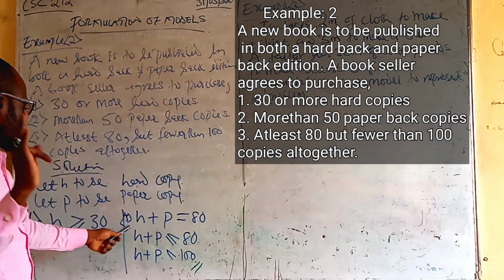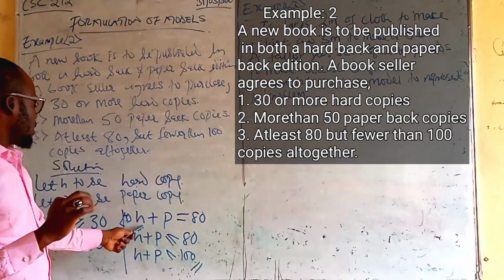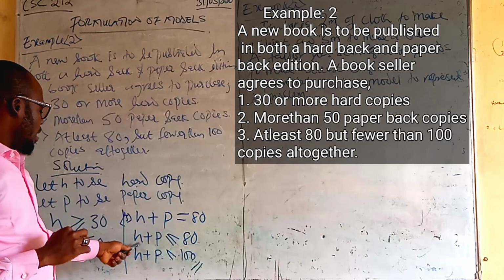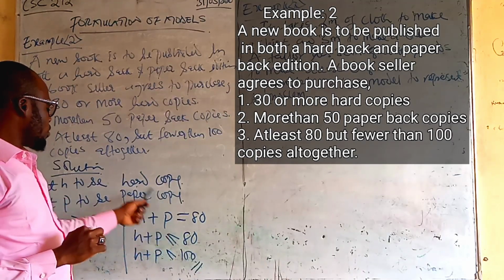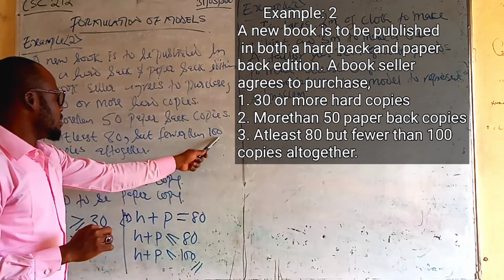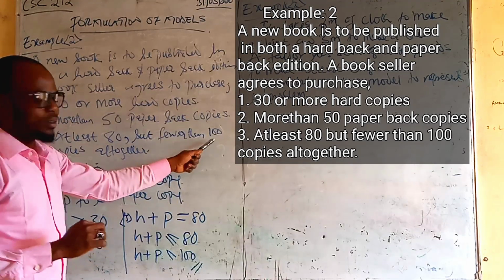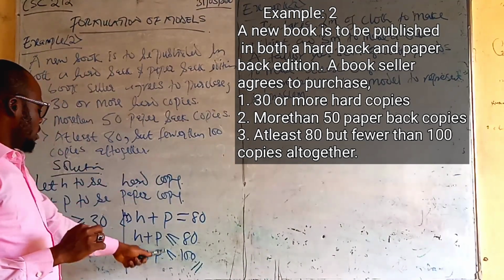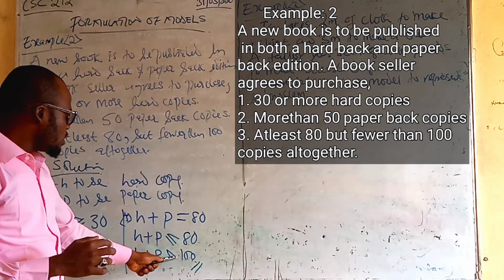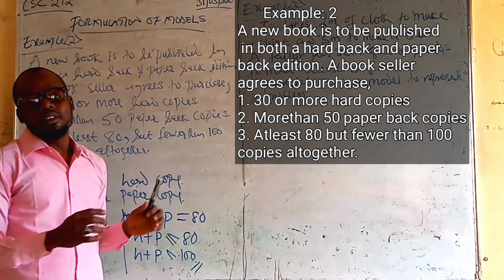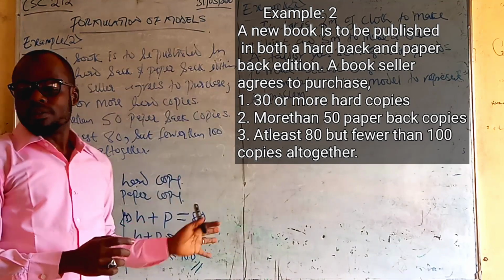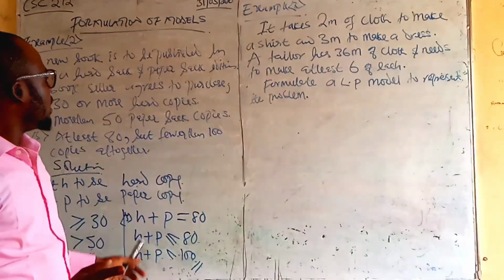So we have 3 scenarios here. We can represent them as hard plus paper copy equal to 80, or hard plus paper copy less than or equal to 80, or hard plus paper less than 100, because they state fewer than 100. This is the reason why we stated that hard copy plus paper copy that is going to be purchased is less than 100. So now we have formulated this problem that is given. I hope it is clear.